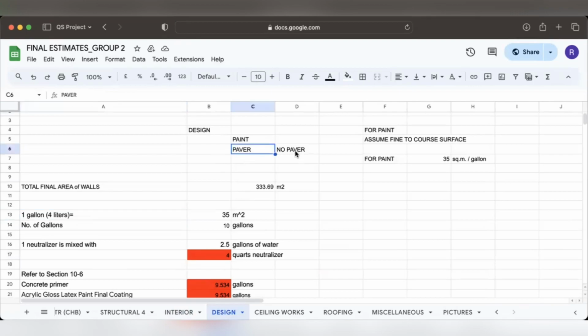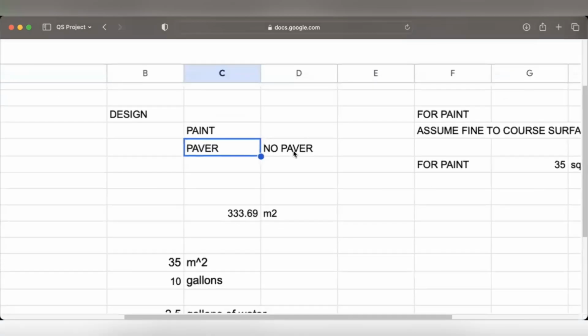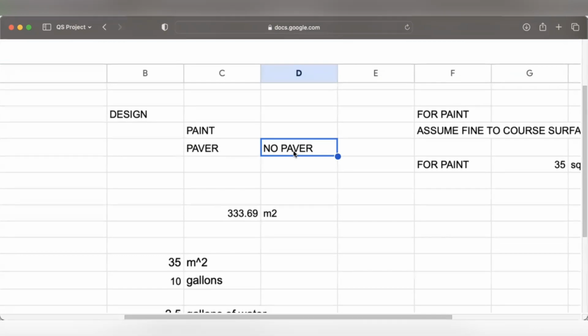So as shown, there is no paver for this building plan. The absence of pavers in this house could stem from various reasons, including personal preference, budget considerations, and intended use of outdoor spaces.